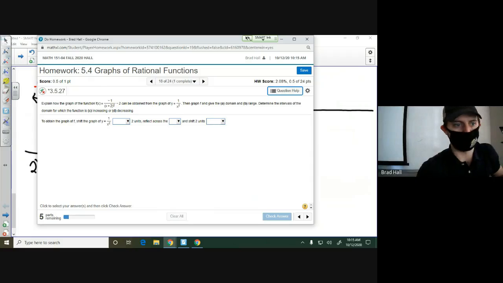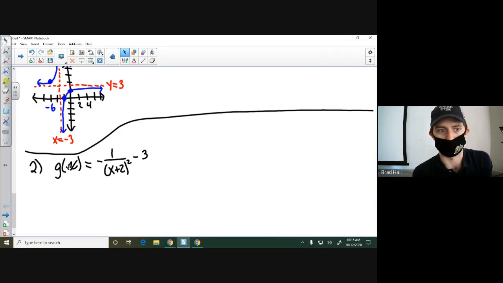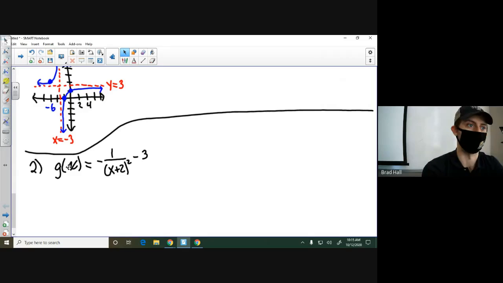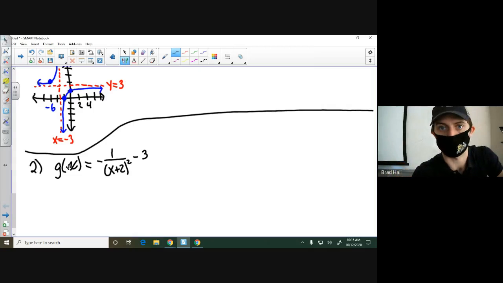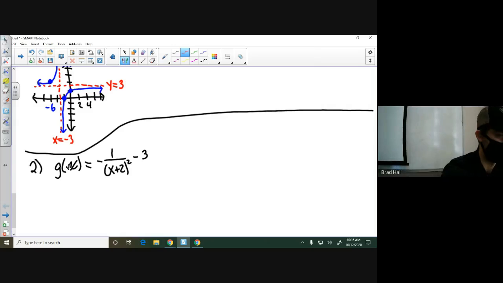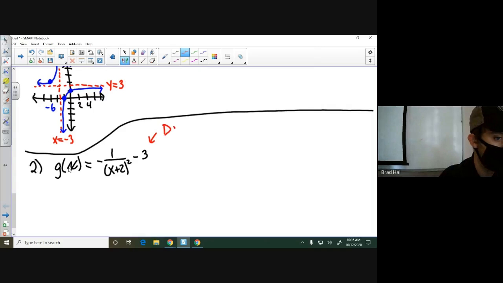So with this problem here, what they're saying is that this is a transformation type problem. And you might notice this because there's a number added to the x directly, and then there's a number subtracting the function as a whole. So really, we can identify this as if it were a standard transformation problem, stuff from the previous sections that we've talked about. The -3 means we're going down 3.